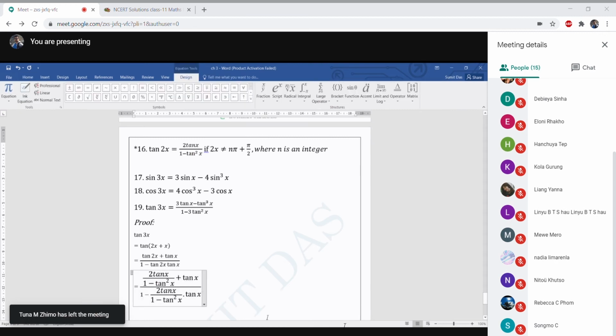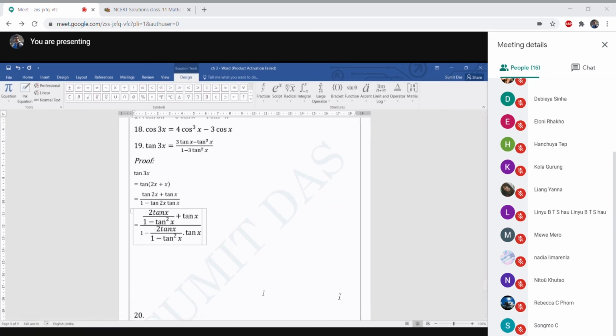So if you simplify this one, next line in numerator the LCM will be 1 minus tan square x.